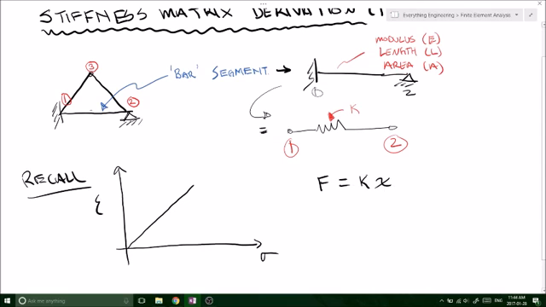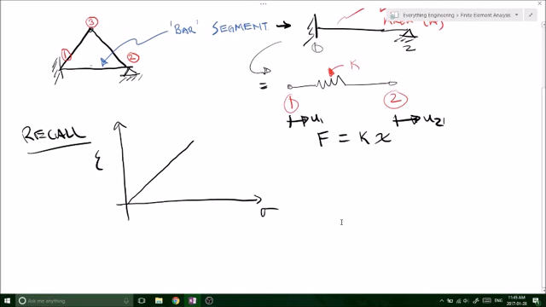K is the spring constant, x is the distance, and the force is the force required to move each node a distance from its origin. U1 and U2 can just be some arbitrary distance moved by some applied force.